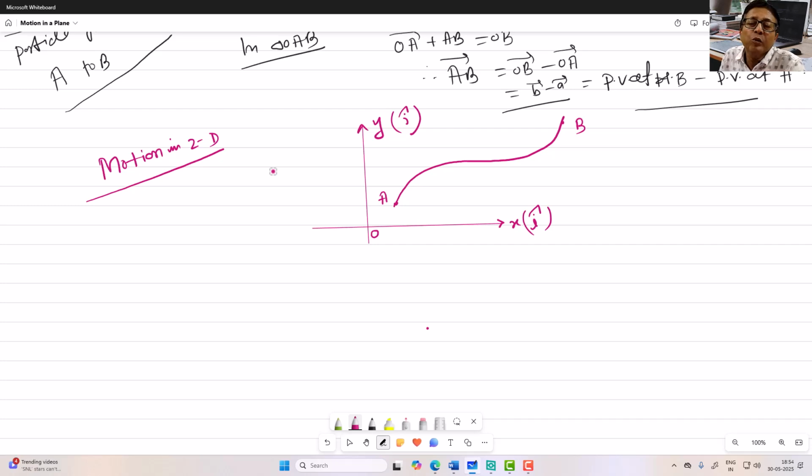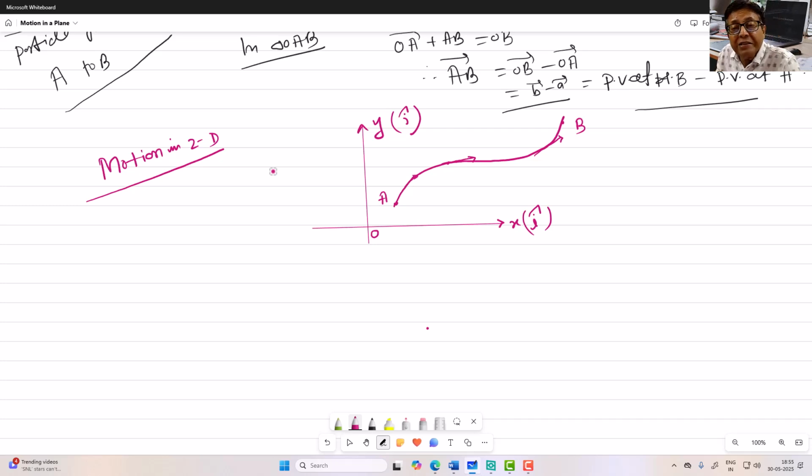When the particle goes from A to B, then from one point to another point, its direction of velocity is going to be changed. At this point, velocity in one direction. At this point, velocity in one direction. Here in another direction.